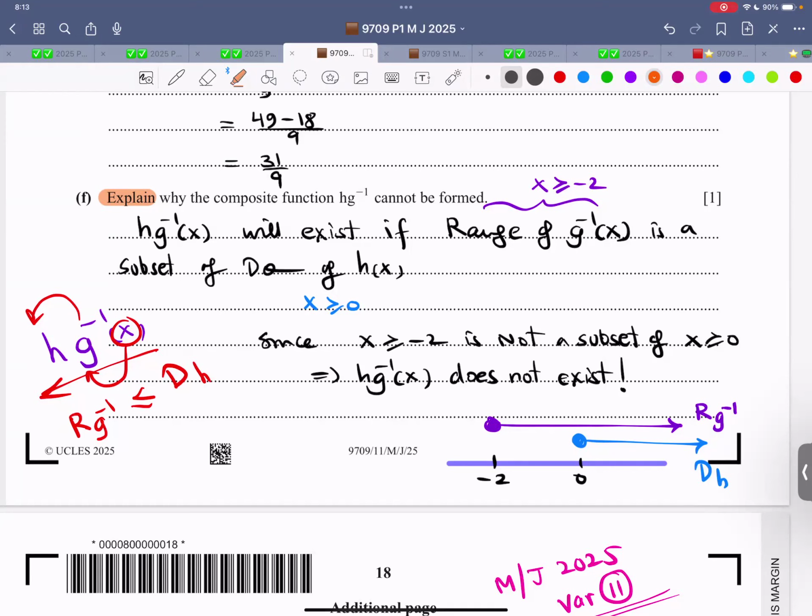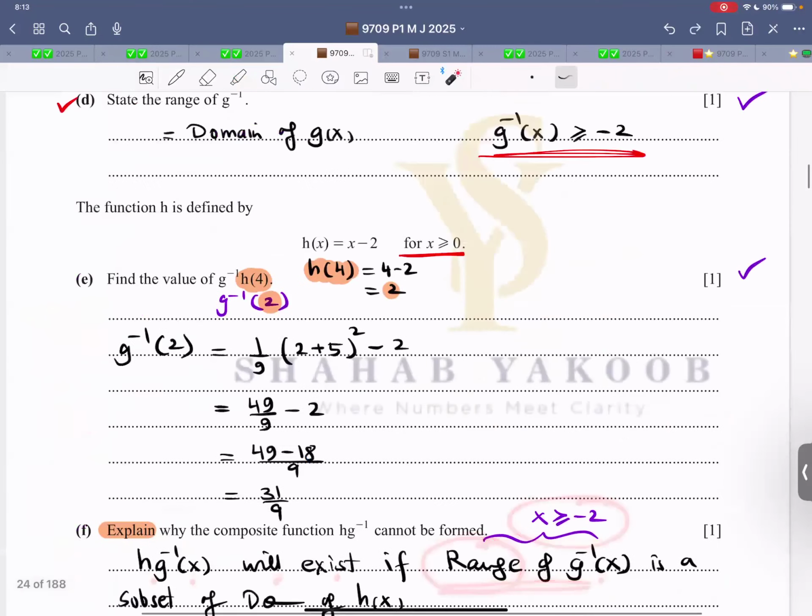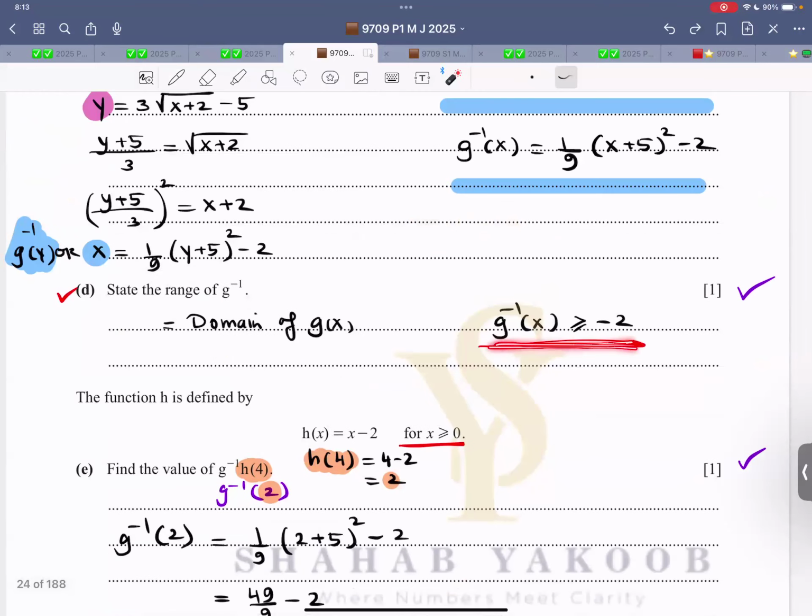Now the rule is the composite function. In order for a composite to be formed, whatever is coming out of G inverse should be going inside h. h G inverse will exist if the output of G inverse, that is the range, that is this value, x is greater than or equal to -2.